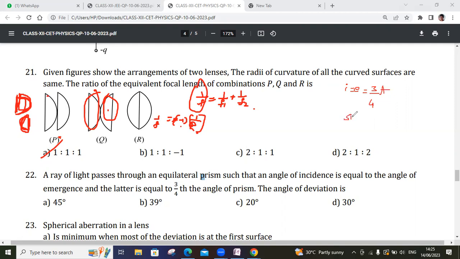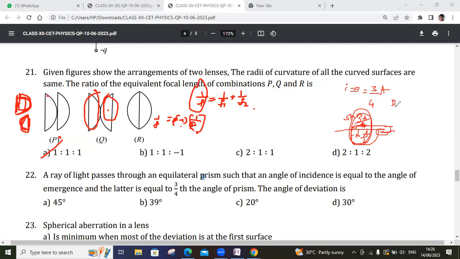So we know sin i by sin r is equal to n2 by n1. So i is 3/4. And r is sin A by 2 is equal to, oh, sorry.